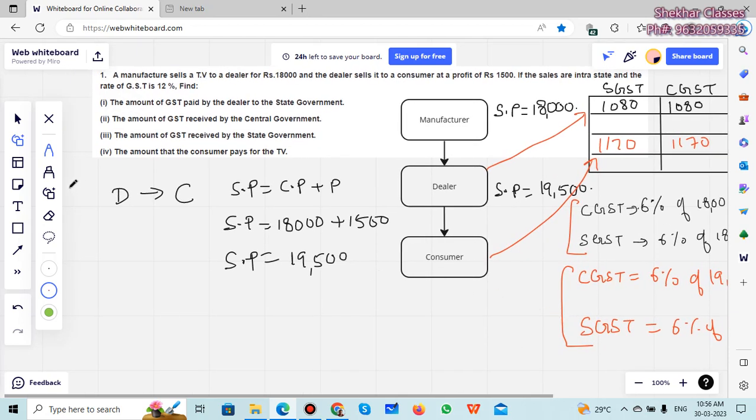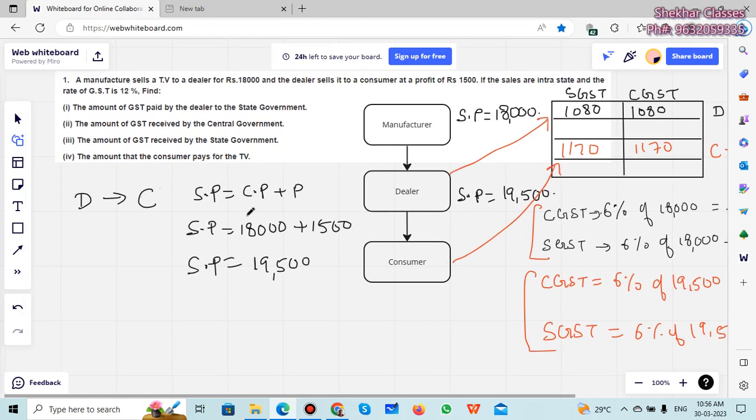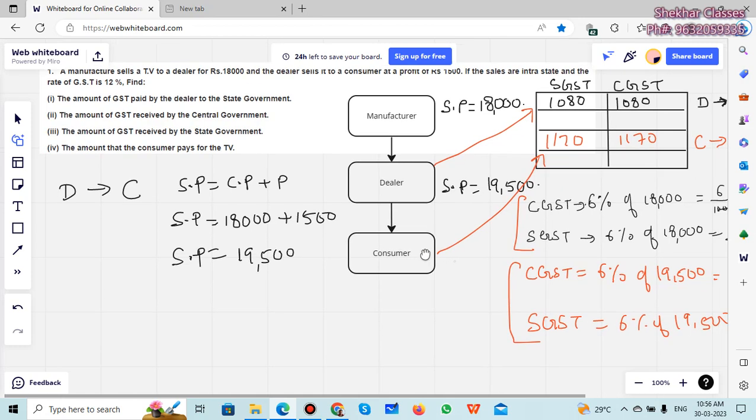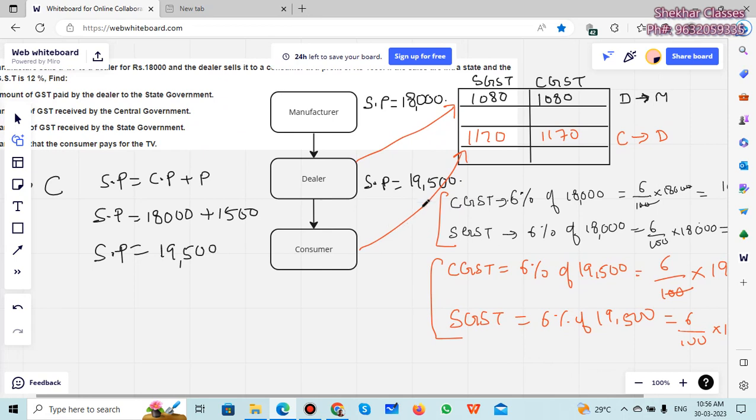The manufacturer, who has received the tax from the dealer, and also the dealer, who has received the tax from the consumer, has to pay tax to the government. But the dealer has already paid 1080 as tax earlier for the same item, so he will not pay the entire 1170 to the government. He will pay less whatever he has already paid.